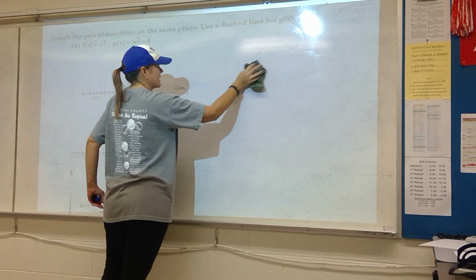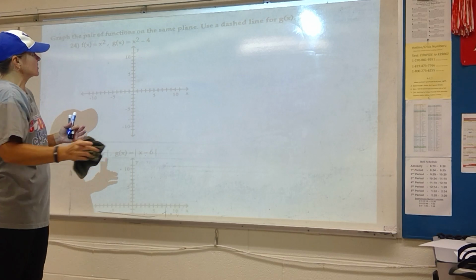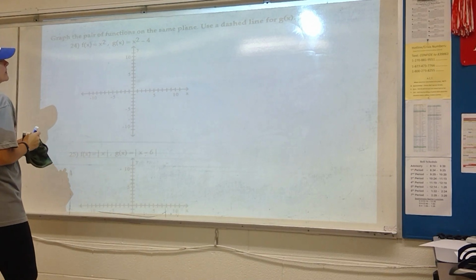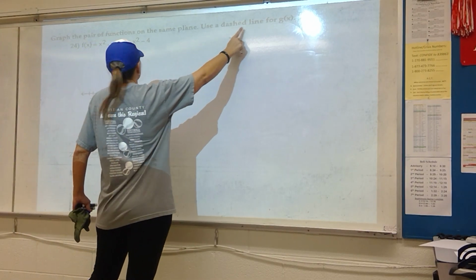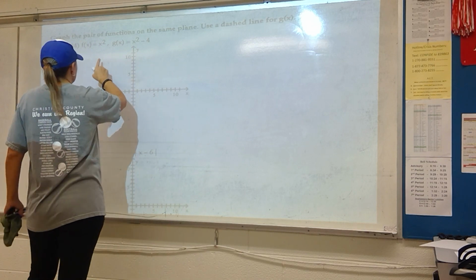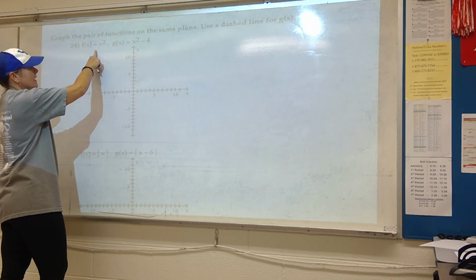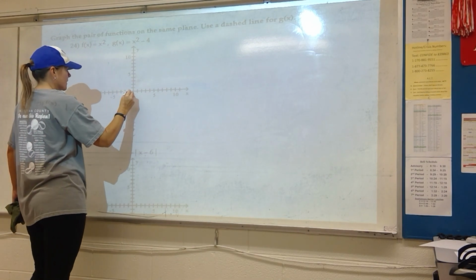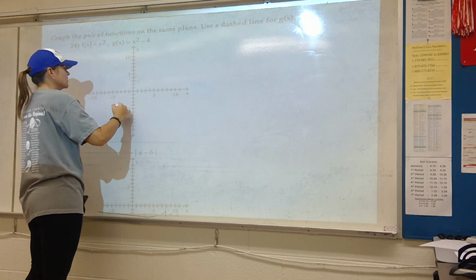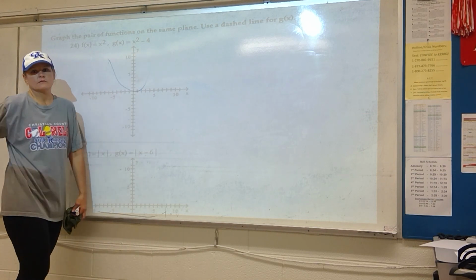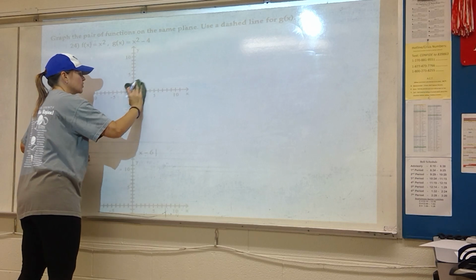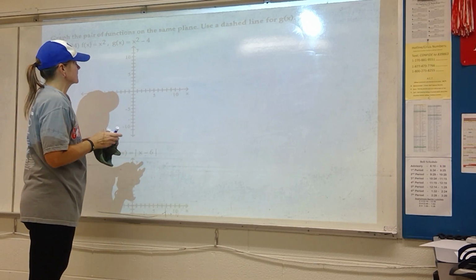Guys, y'all can do that without a calculator. That's just shifted down 4, but you need to read what she tells you to do, okay? Use the dash line for g of x. So the mother function, f of x equals x squared, she wants you to draw in normal. Now, don't just sketch it. That's garbage. Okay, use your calculator if you need to plot some points.